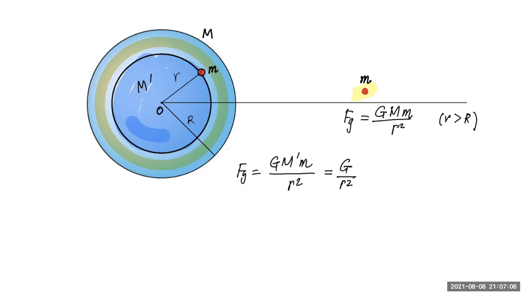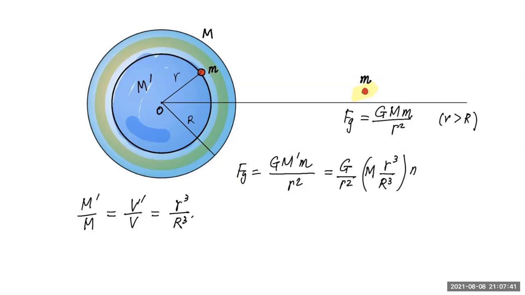So m prime over the total mass M of the sphere is equal to V prime over V. V prime is the volume of the shaded region, V is the volume of the entire sphere. Since for a sphere the volume is proportional to the radius to the power 3, I can write this as small r cubed divided by big R cubed. So m prime is the total mass M times r cubed divided by R cubed.